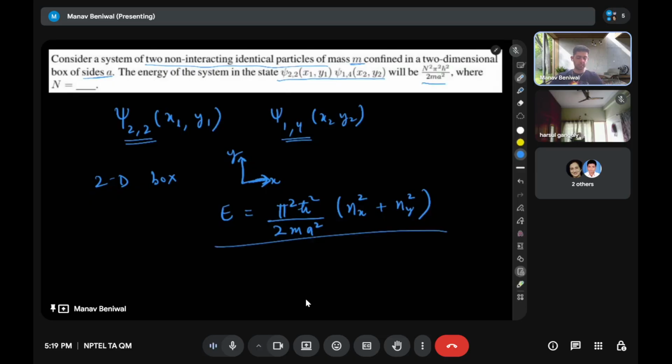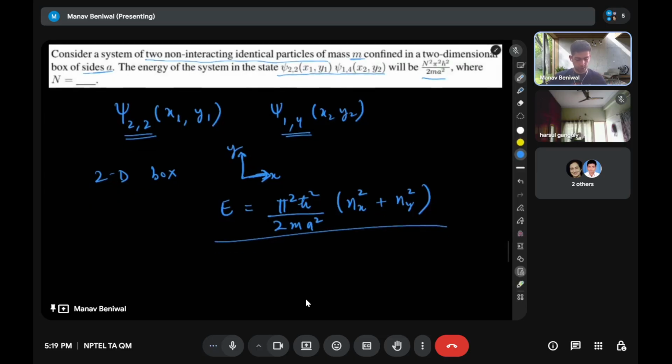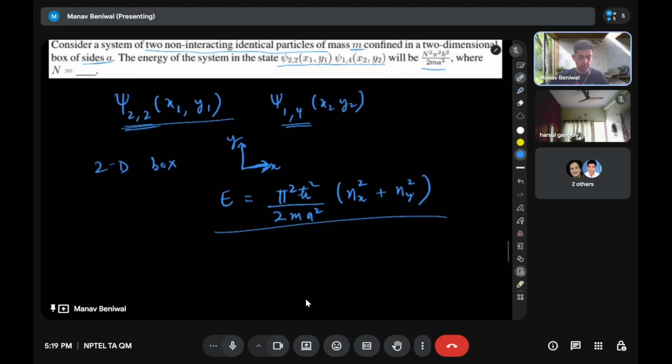So this is the energy of one particle. This is the wave function given for the first particle. Note that it is x1 y1, so this is the first particle, and here we have x2 y2, so this is the second particle.